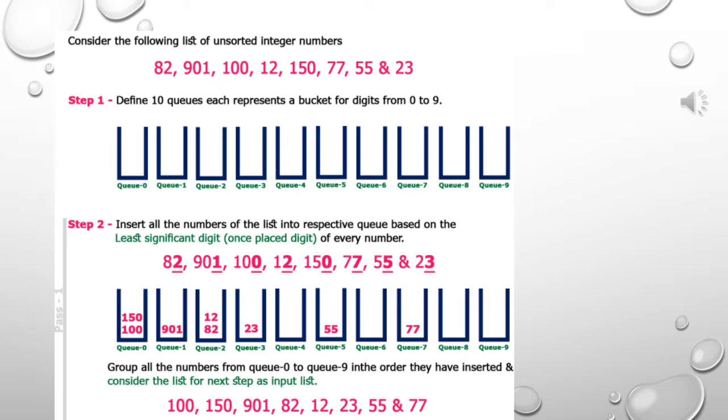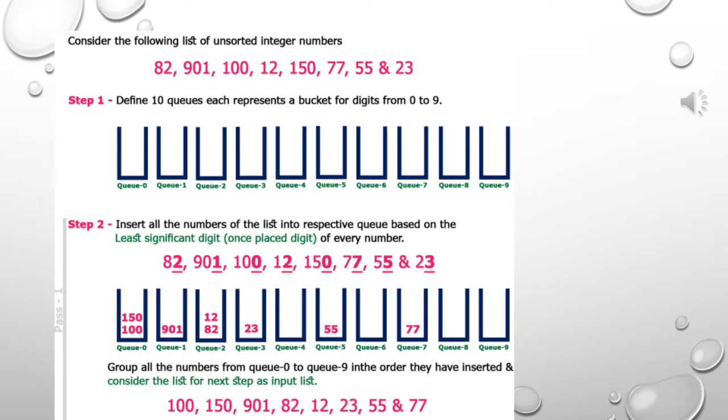Step 2. Insert all the numbers of the list into respective queue based on the least significant digit of every number. In this, the least significant digit represents the ones place digit. For example, in 901, the 1 is present in the ones place.